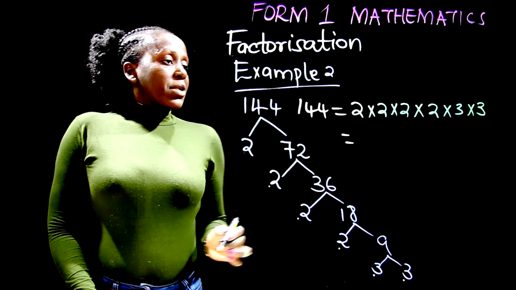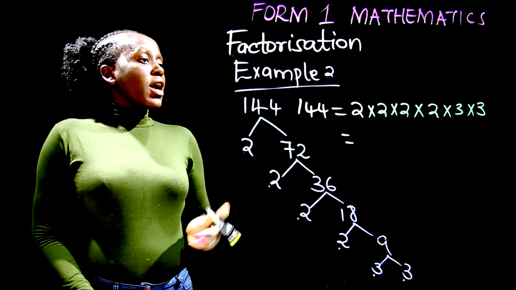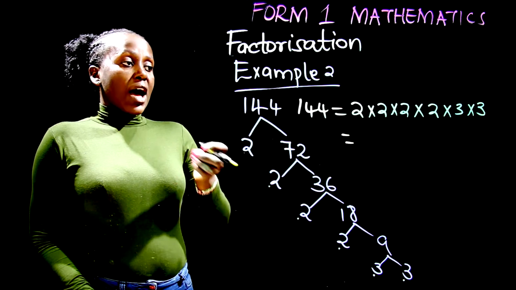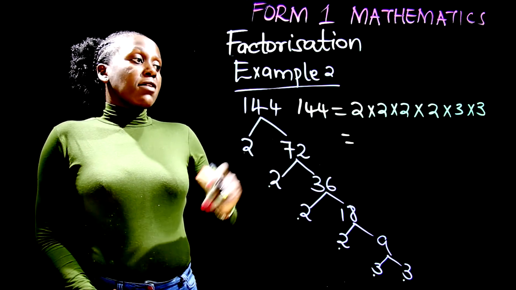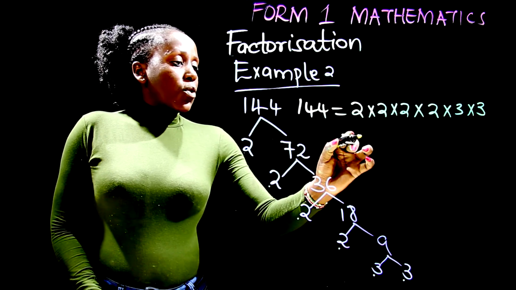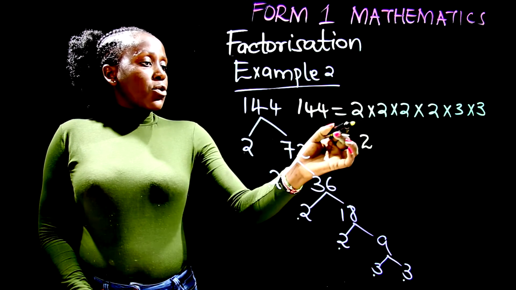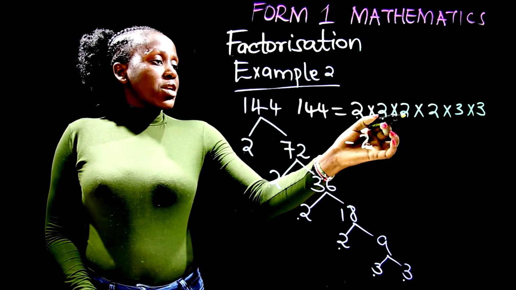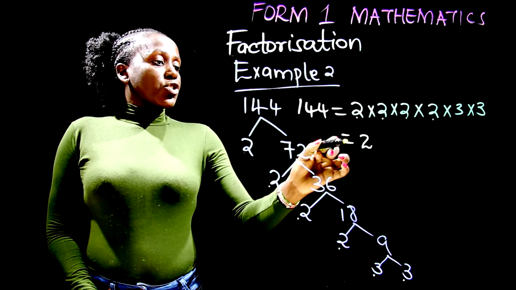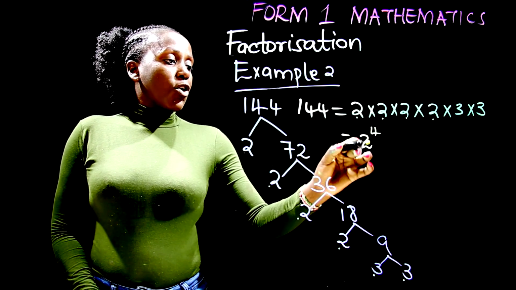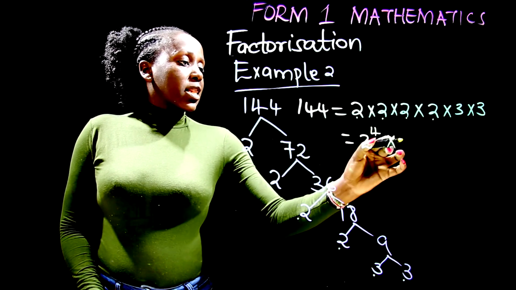Now, how can we express this in power form? So we have two numbers here. We have 2's, then we have 3's. How many 2's do we have? 1, 2, 3, 4. So this becomes 2 power 4 times 3.